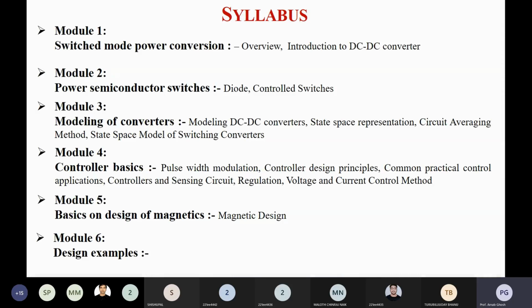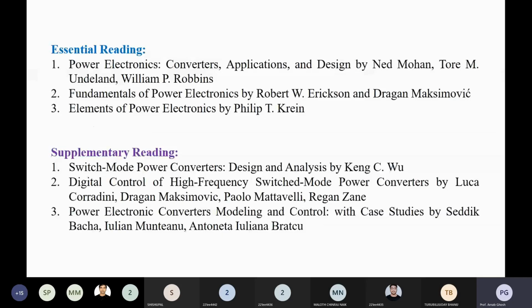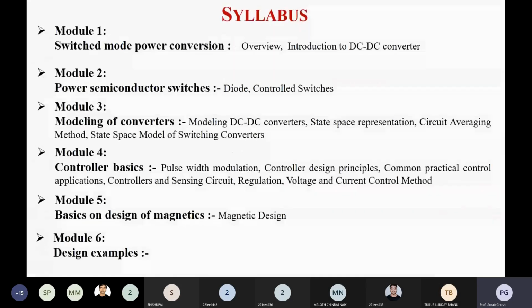Basically, this subject consists of six modules. We are focusing on the switch mode power converter, and normally we are talking about different types of power supply, which means different DC to DC converters.